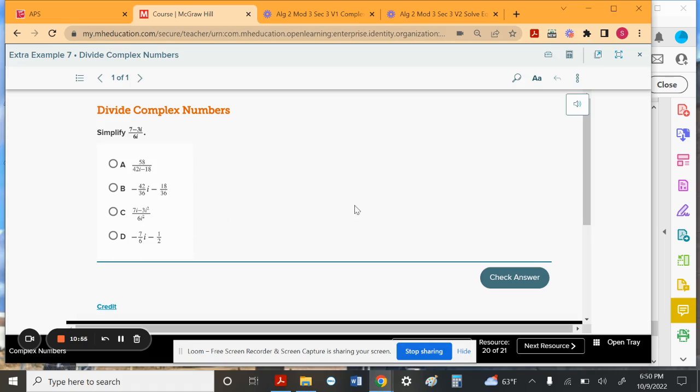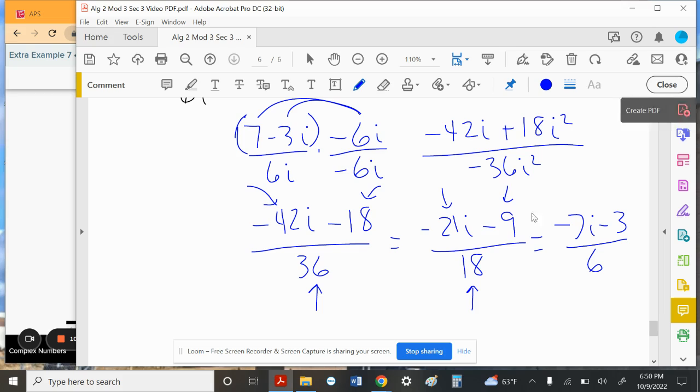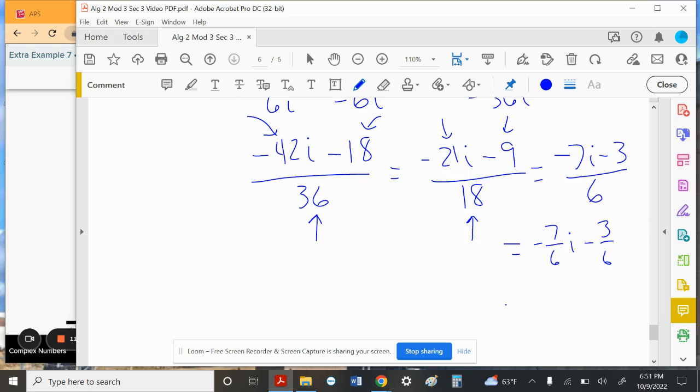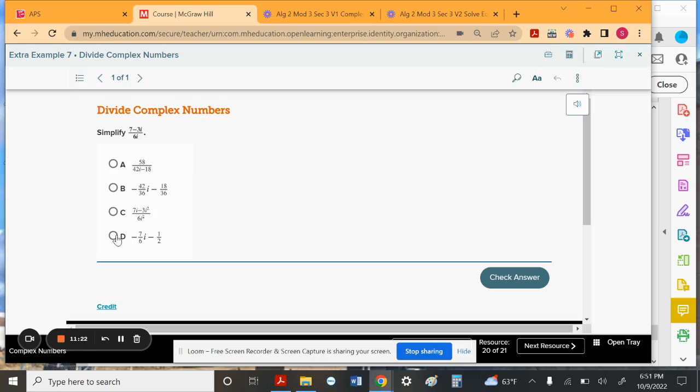And actually, I think this last one is the one that's going to work, because what they do, and I didn't do that, negative 7 over 6i minus 3 over 6, right? When I have fractions, I can rewrite them as separate terms, which is what I did. I just put the 6 under each number, and I get negative 7 over 6i minus 1/2. So it should be negative 7 over 6i minus 1/2.